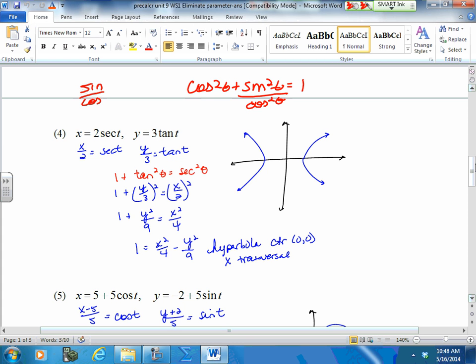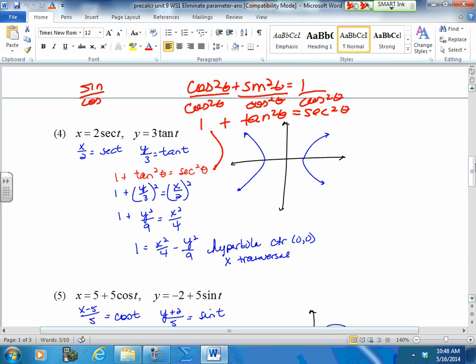So this is an equation; divide everybody by cosine squared. As long as you know your one identity, you can get to the other. This cancels to 1 plus tangent squared equals secant squared. There's the identity that you need to use.